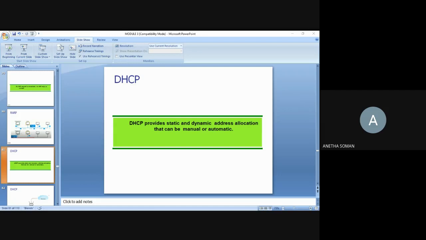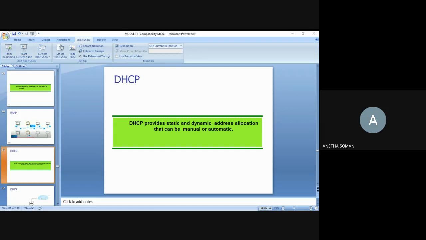Now, what happens if more hosts are connected to the network? I told you in the case of 3 or 5, maximum 5, manually you can set and configure it and get the access.